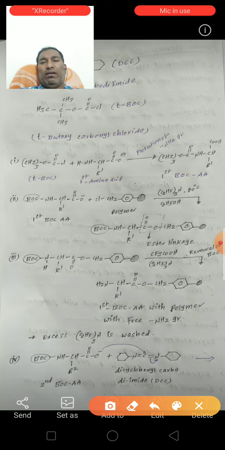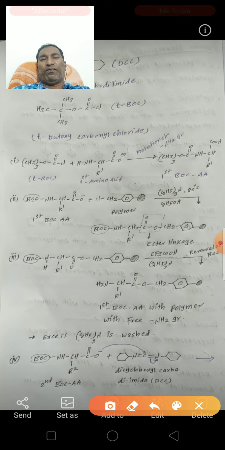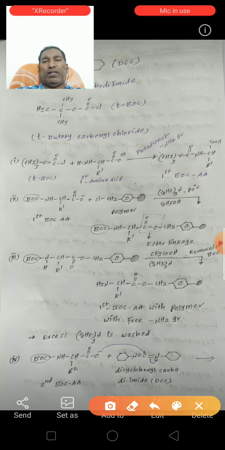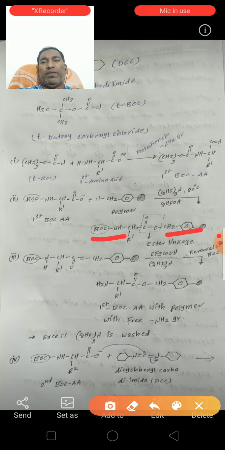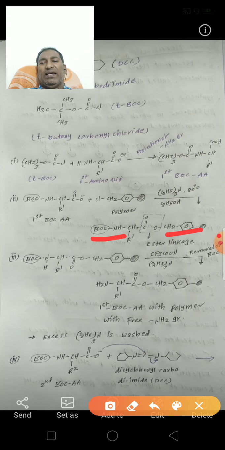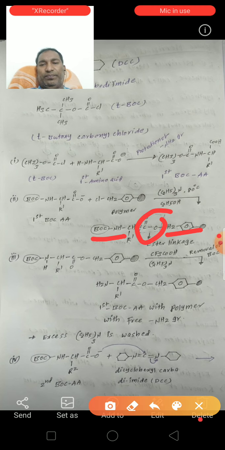So here the first amino acid NH2 group is protected by tertiary butoxy carbonyl, and the COOH group is also protected by polymer. Finally, ester linkage takes place.